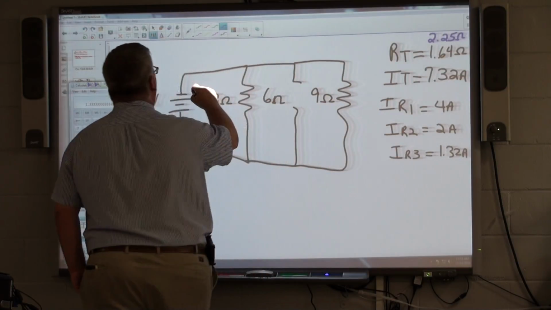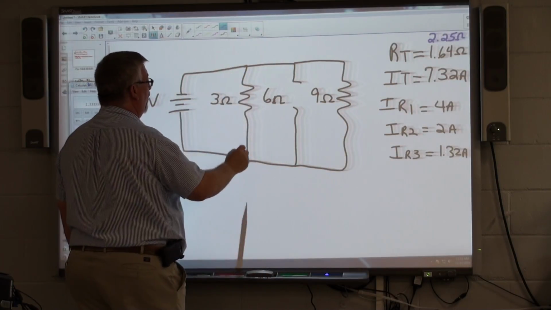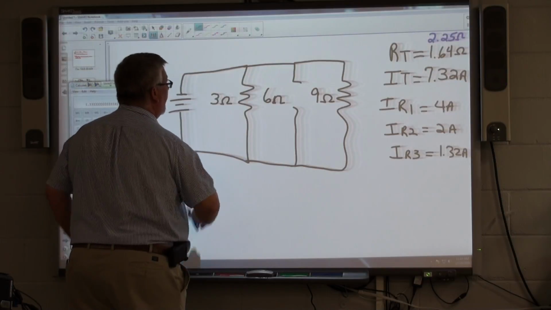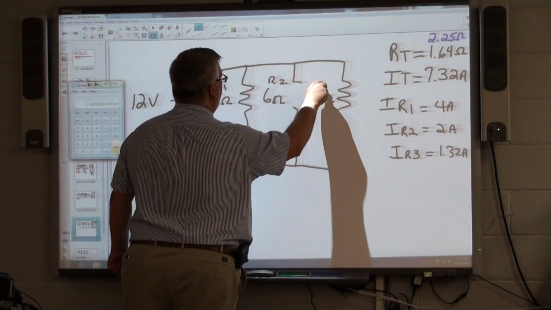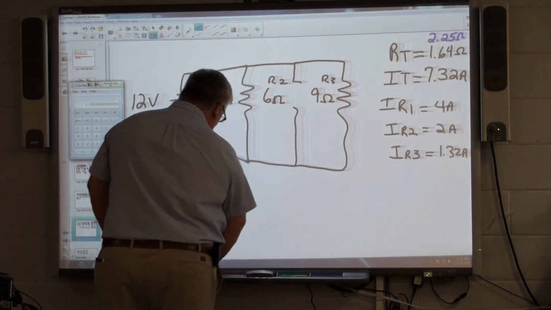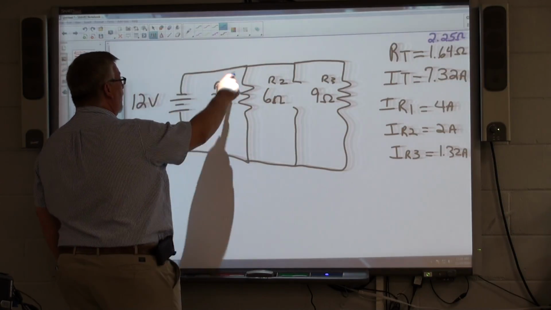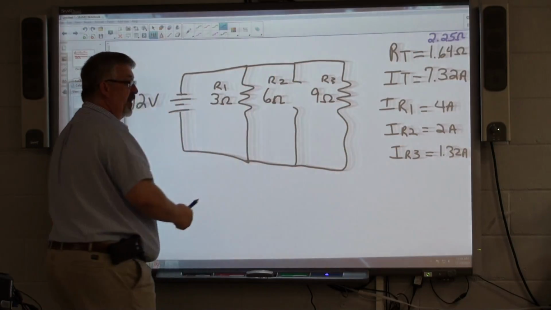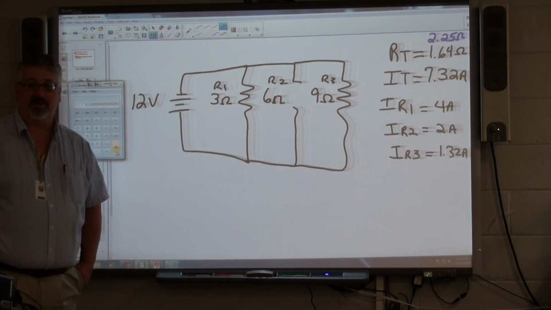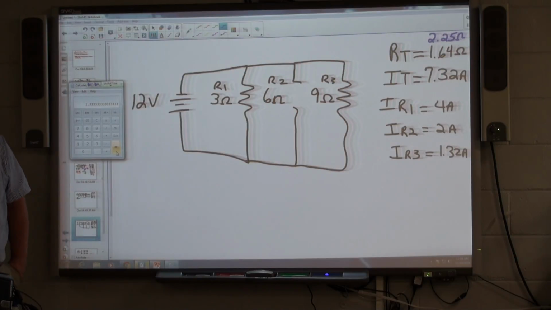We had a current path a while ago through R1, and I realize now I don't have these labeled, R1, R2, and R3. So we had a current path going this way, a current path going this way, and a current path going this way. R2 is open, so that leaves only 1 and 3 in parallel.